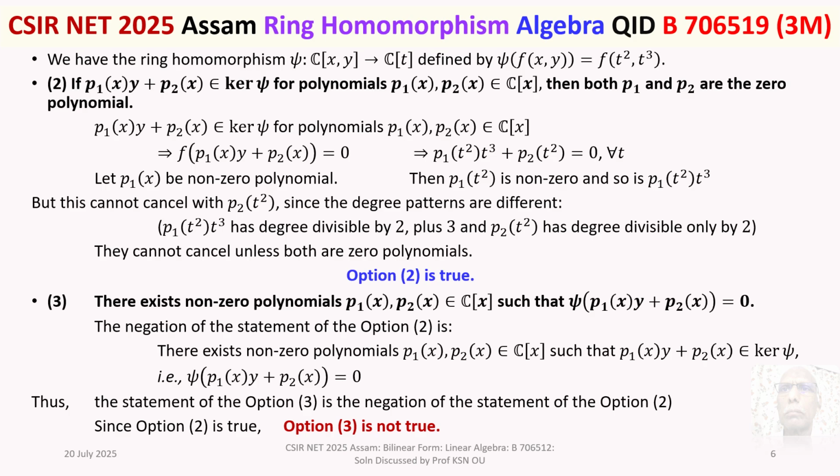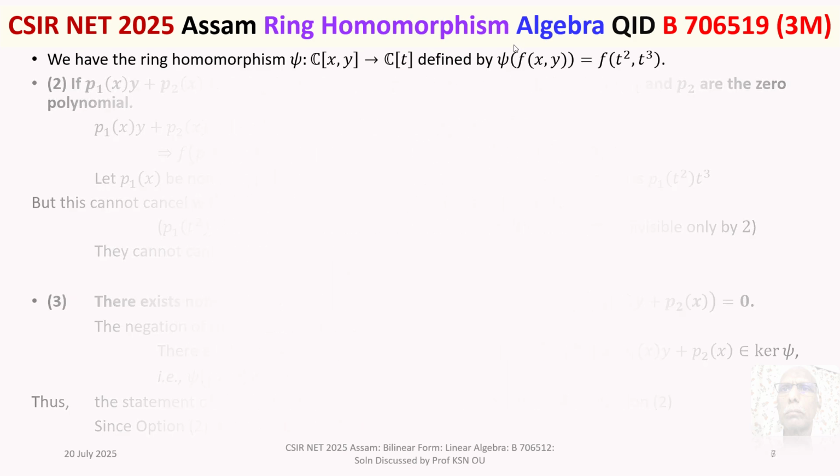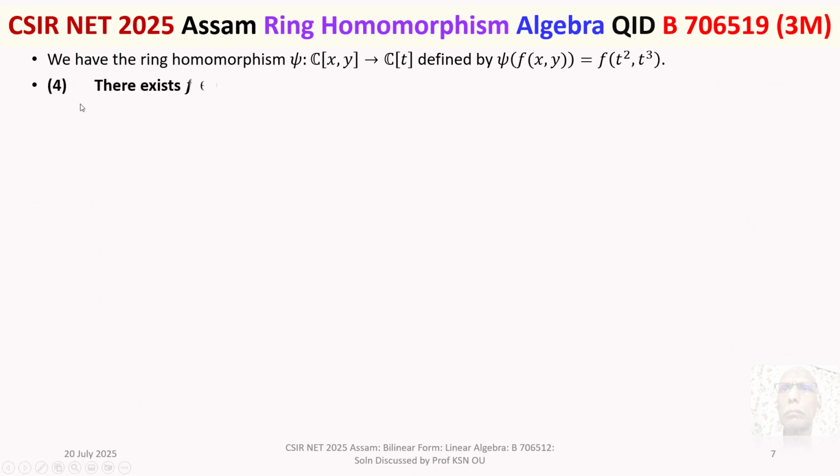Okay, we move to the next slide. Option 4. There exists f belonging to C[x,y] such that psi of f of x comma y is 0 and psi of f square of x comma y is not equal to 0. Can it happen?